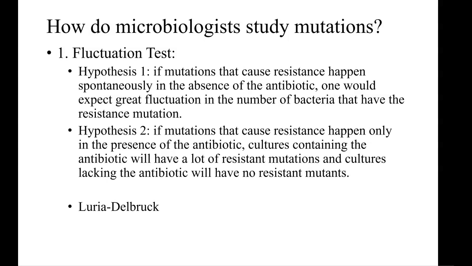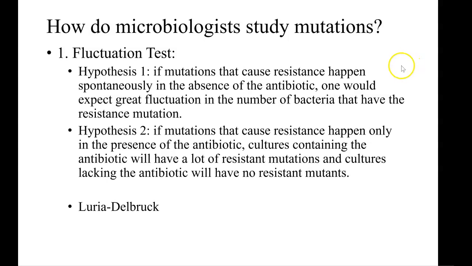So mutations happen spontaneously. It doesn't matter if they're exposed to that antibiotic or not, they're just going to happen. The second hypothesis said these mutations for resistance can arise only in the presence of the antibiotic, so that bacteria had to be exposed to that antibiotic in order to have that mutation arise.